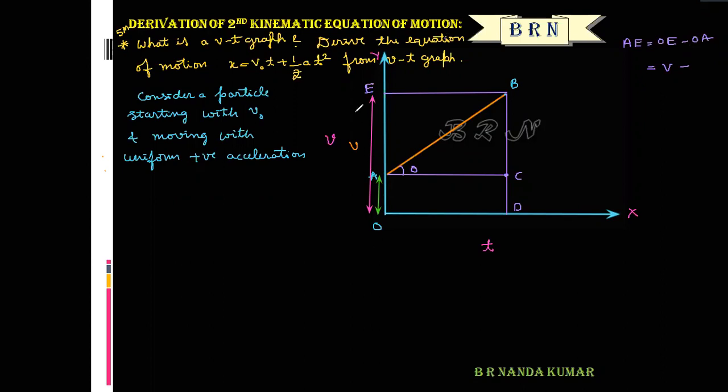So OE is V. OA, that is V naught. Okay, OA is V naught.